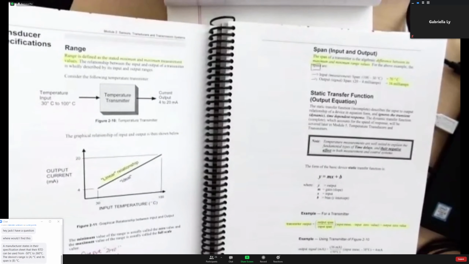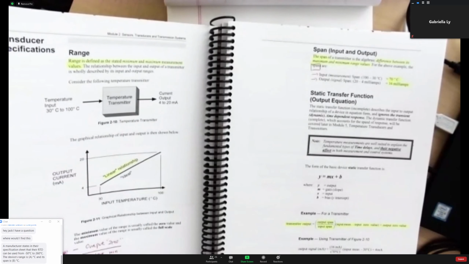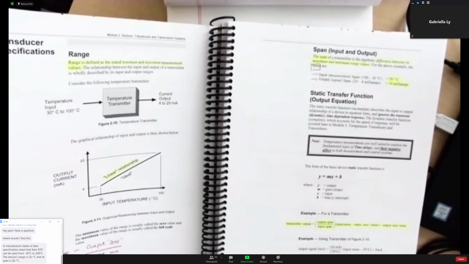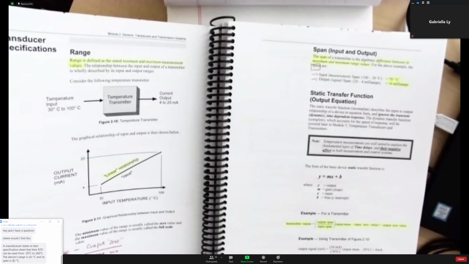So the range is the minimum value and the maximum value. So the range will be -50 and positive 260.